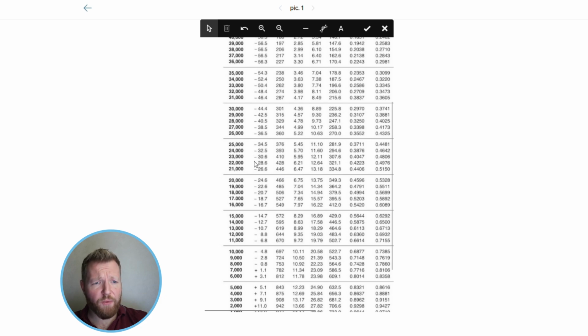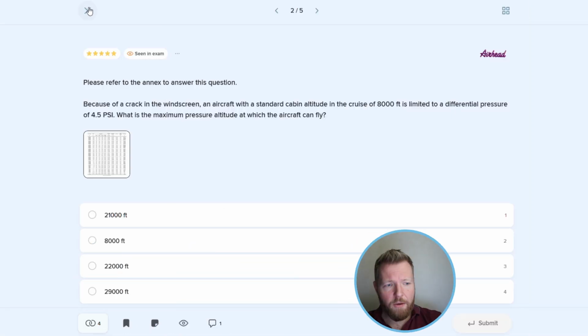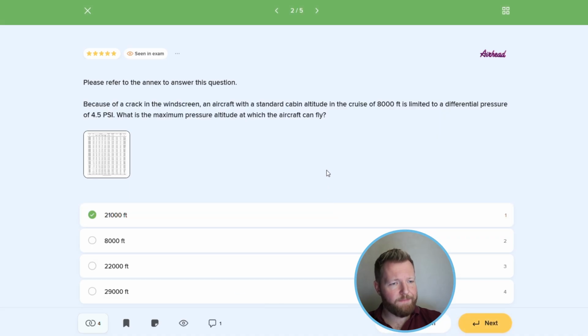As we can see, for 22,000 feet, the corresponding psi is 6.21, which is already lower than 6.42. Therefore, we cannot accept this one as it would exceed our maximum pressure differential of 4.5 psi. So, the correct answer is 21,000 feet, answer number 1. And this one is correct.